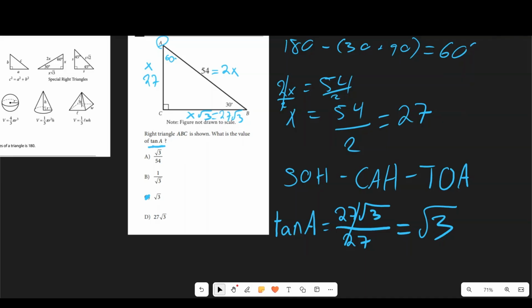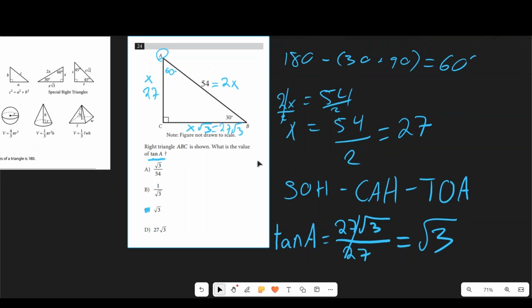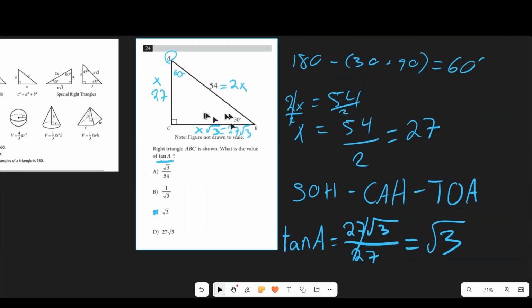So there you have it. This is all you have to do for this question. First, you have to recognize that this was a 30, 60, 90 triangle. Then we had to understand that it was a special right triangle, meaning from this value 54, we could derive the other leg lengths, 27 and 27 root 3, just by following the special right triangle.